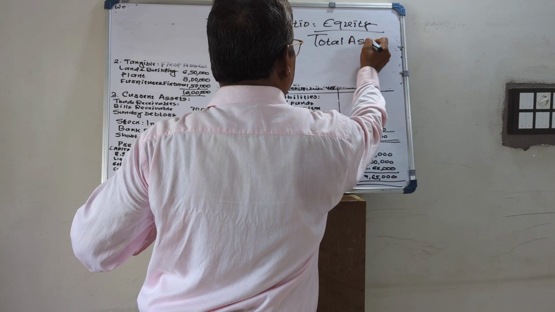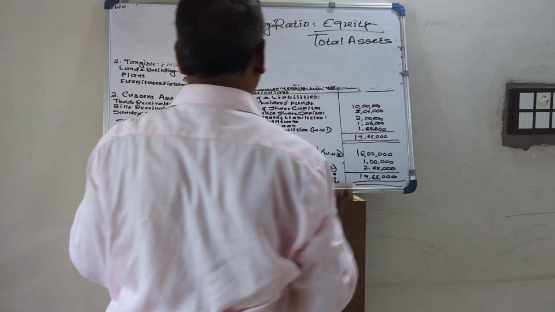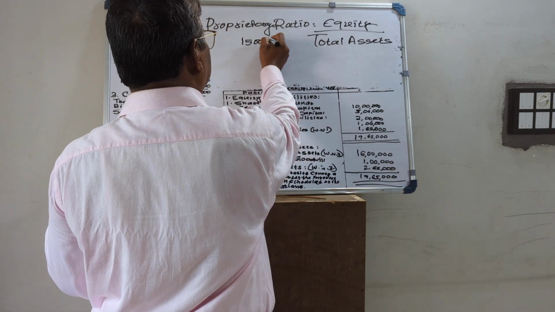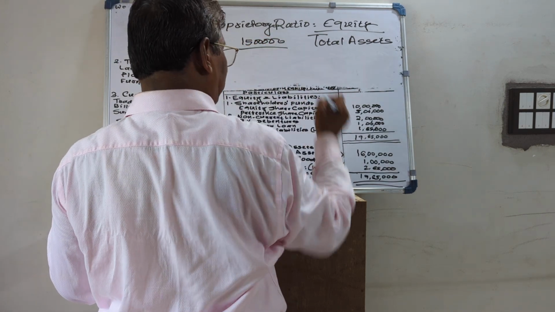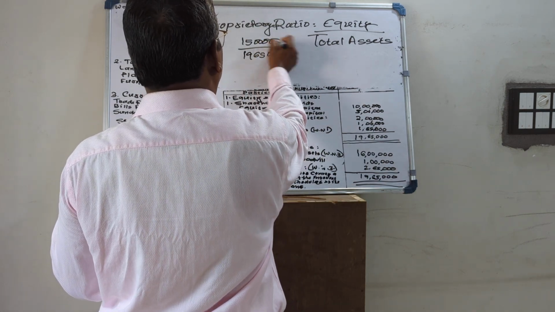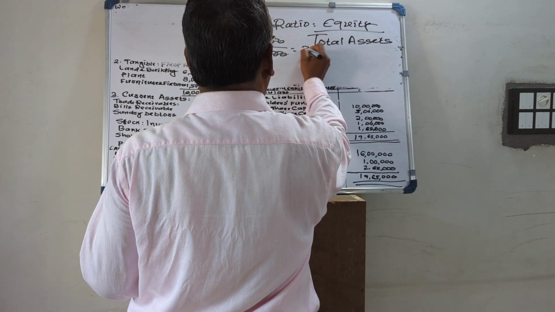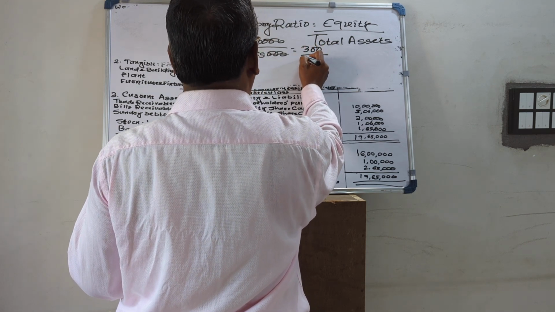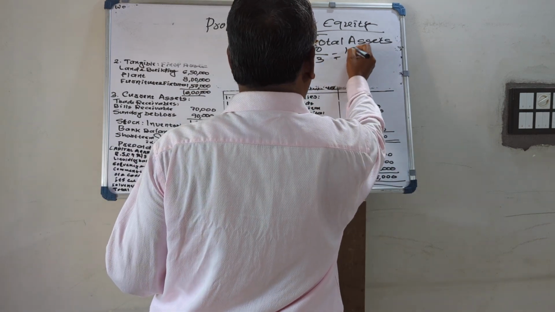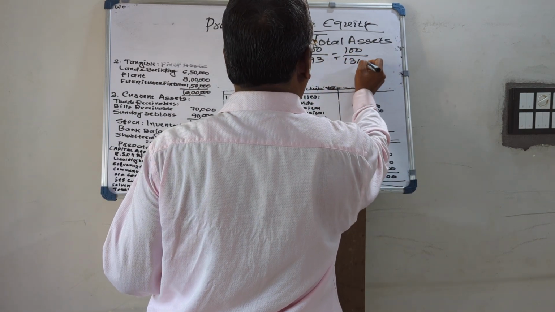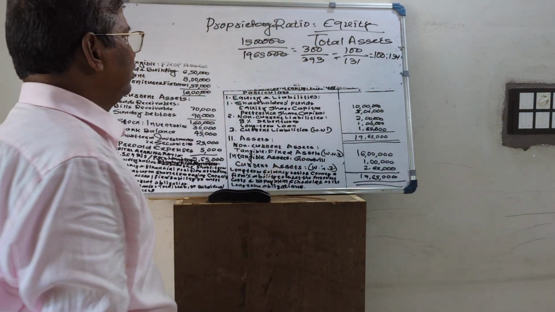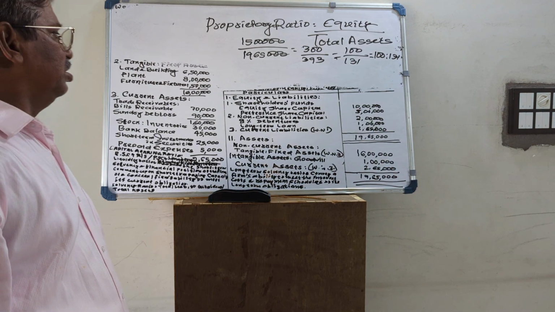Here, equity is 15 lakhs, 10 lakh plus 5 lakh, divided by total assets of 19 lakh 65,000. So this is 300, then 393, 100 by 131. This is the ratio. 100 is to 131. So this is all about this problem.